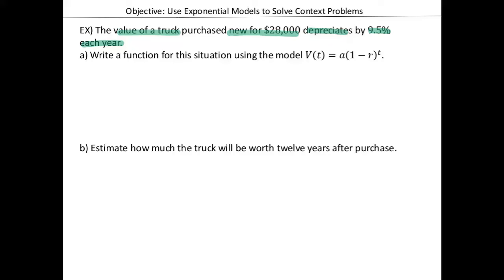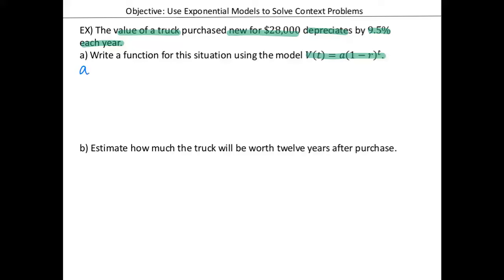And we're supposed to write a function for this situation using the model v of t equals a times 1 minus r to the t power. So this word depreciates basically just means it's losing value. It's decreasing. And so because it's decreasing this time, we're using the 1 minus r instead of 1 plus r in the equation.